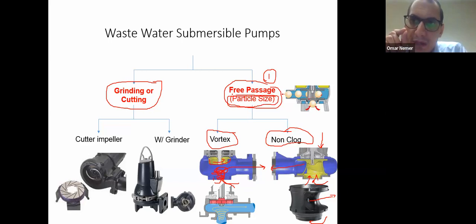For example, the manufacturer will tell you our pump has a particle size of 50 millimeters. He means, if you are pumping spherical solids, for example spherical solids with a diameter of 5 centimeters, these solids can go through the pump and be pumped out successfully.